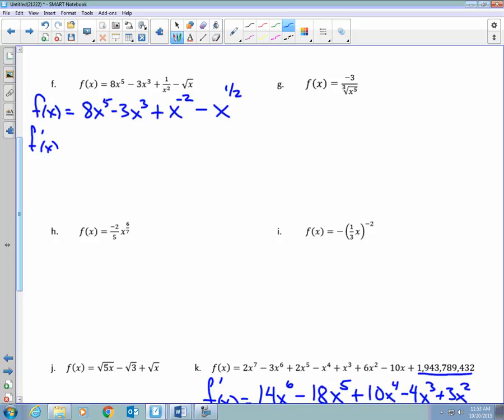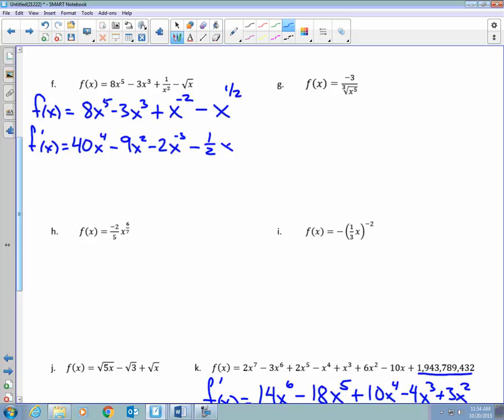F prime of x is equal to, what's the derivative? 40x to the 4th minus 9x squared minus 2x to the, what's negative 2 minus 1? Negative 3.